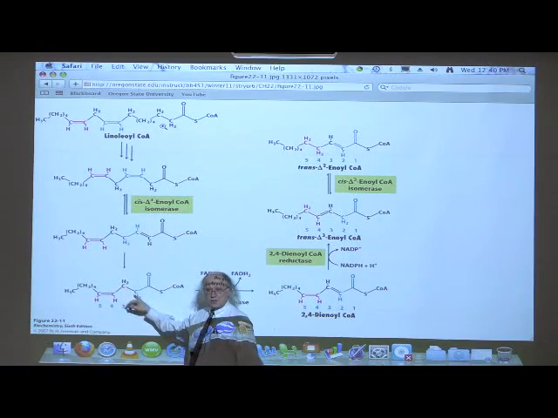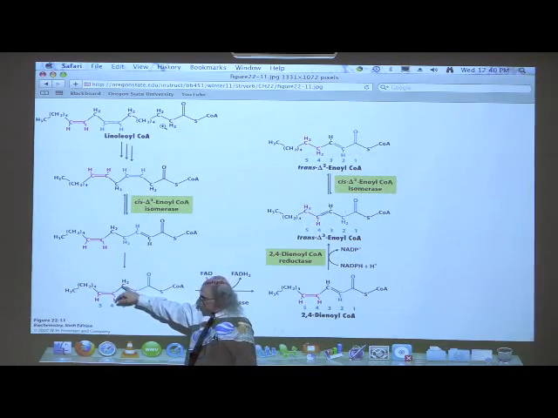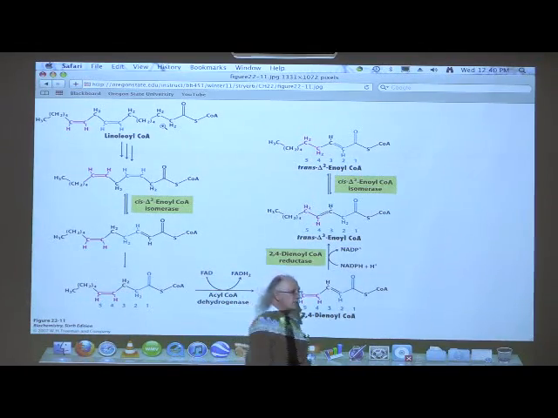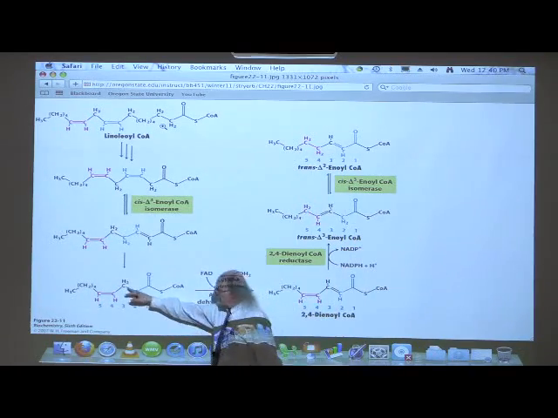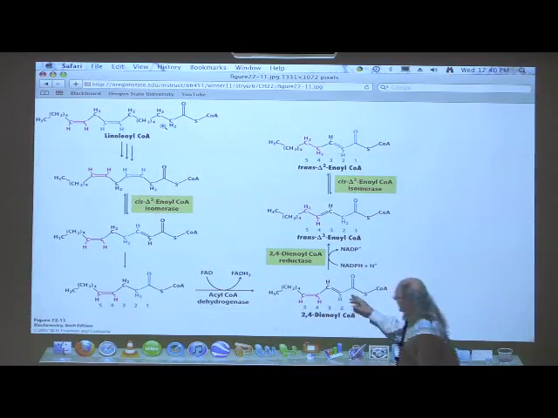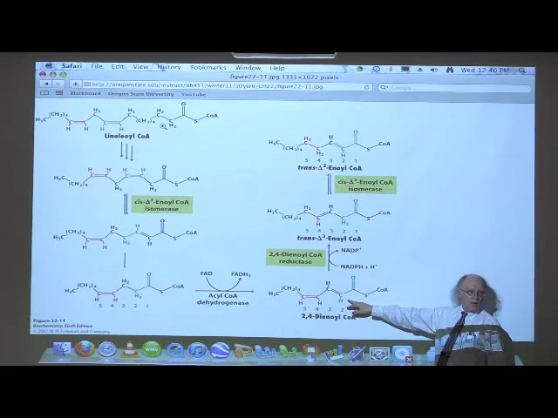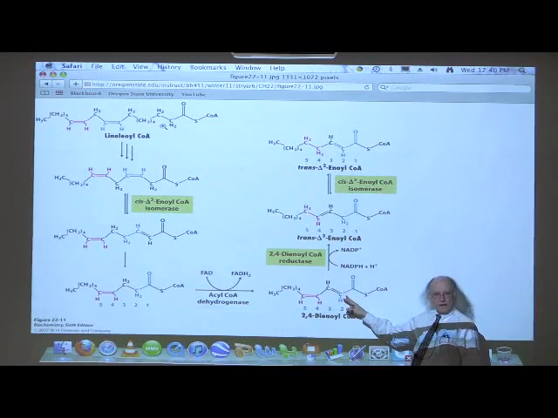Beta oxidation starts. Okay? Beta oxidation starts because the acyl-CoA dehydrogenase can get in here and it can, in fact, remove those protons and electrons to make a 2,3 trans double bond, right? So we see that right here. However, the enzyme that would normally add water across this double bond can't do it.